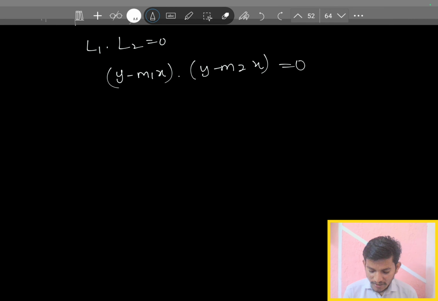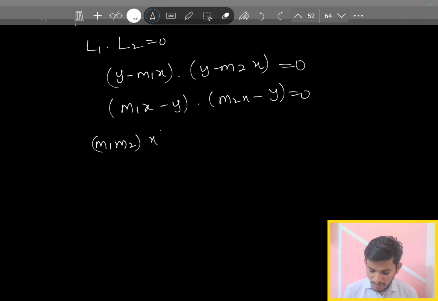So I am trying to rewrite this expression as m1x minus y into m2x minus y, which is equal to 0. Upon writing this entire equation, we will get m1 into m2 into x square, then minus taken common outside, m1 plus m2 into xy plus y square equals to 0. Let's say this one is equation number 3.